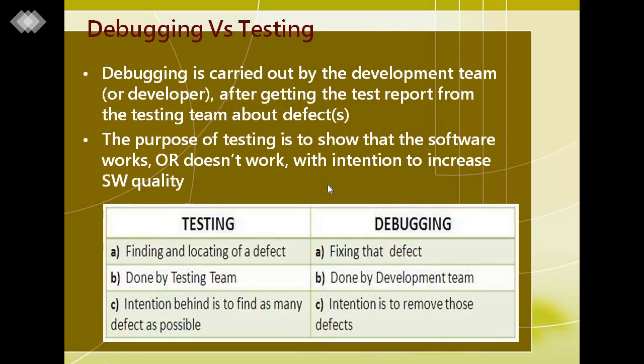So next is debugging versus testing. What is the difference between debugging and testing? It's a very interesting question from your examination point of view or an interview point of view. What is the difference between debugging and testing? Debugging is carried out by the development team or developers after getting the test report from the testing team about defects.